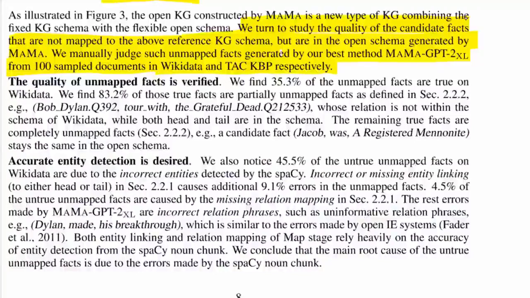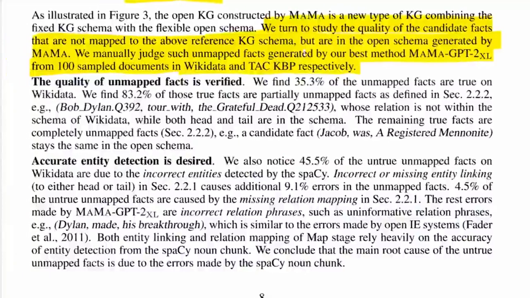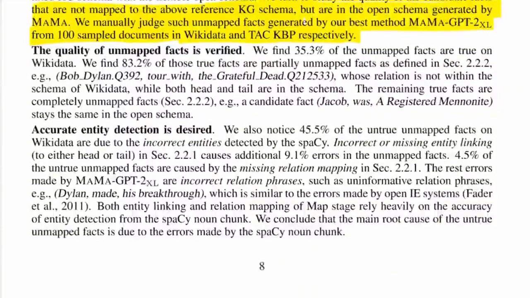So they go as researchers, look at these things, and judge whether or not they're true given these documents in Wikipedia. They say the quality of unmapped facts is verified. So the claim is that they've looked at them and they are good.